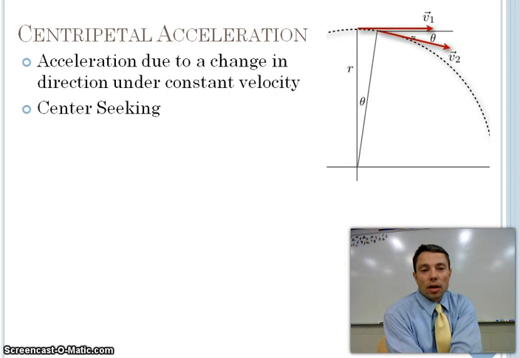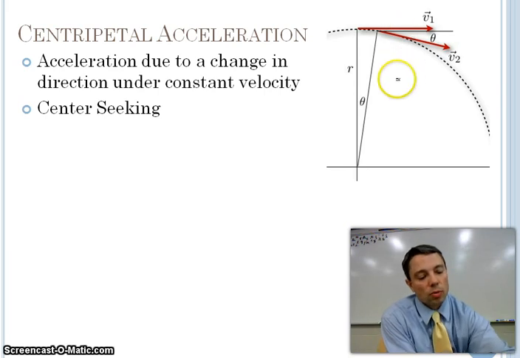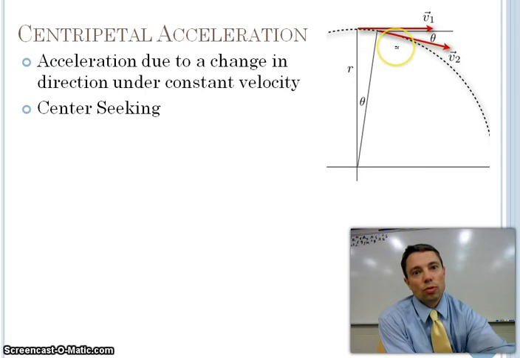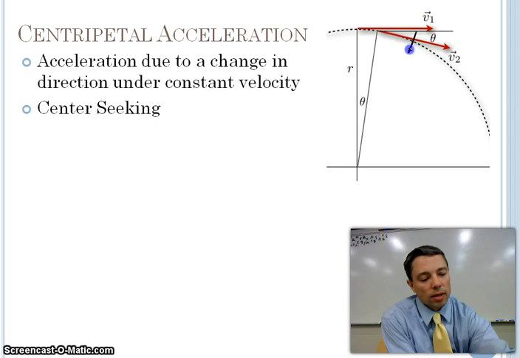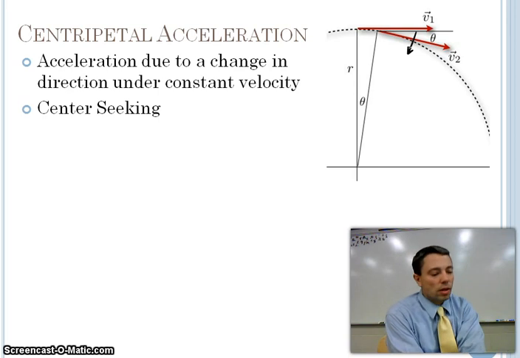And remember that when we talk about acceleration, it's a vector quantity, which means that it can be a change in the magnitude or a change in the direction. Well, centripetal deals with the change in the direction. It's a center-seeking acceleration. Because I have these two vectors going this way, when I put together the two vectors and look for a composite of those two vectors, I'm going to get a vector that will be directed in this sense, or towards the center. So that's how we look at centripetal acceleration.